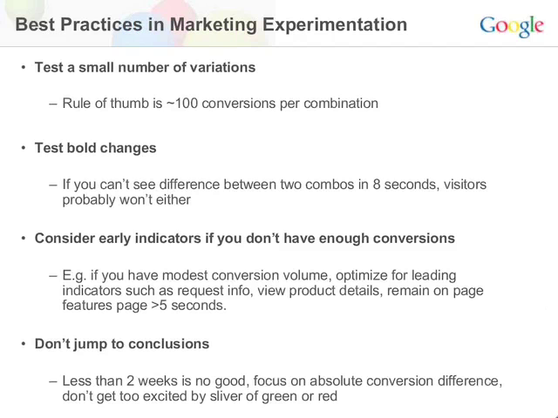Some best practices before we hand it off to Brian is test a small number of variations. So the rule of thumb is you're going to want 100 to 200 conversions per treatment. So as an example, if your website or your company has 500 conversions over a period of 2 weeks on average, you're not going to want to test more than 4 or 5 different versions of a page.